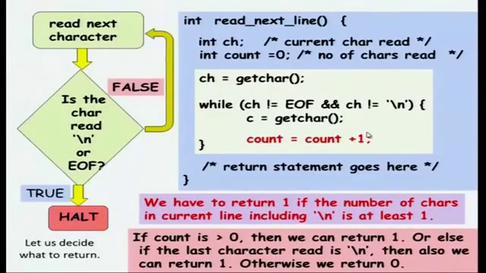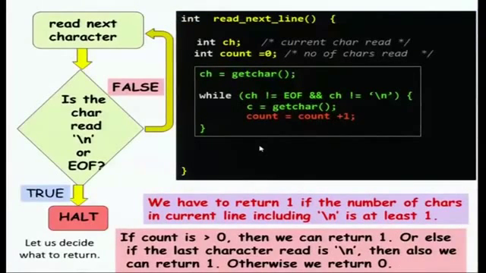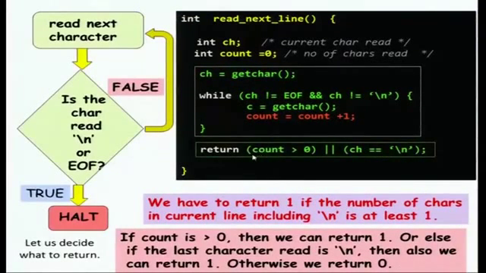If exactly 1, if the last character was end of file without having any other characters, then we return a 0. So, how do we do that? We can check whether at least a character has been read by just checking the value of count. Okay. So, if count is greater than 0, then at least one character has been entered.